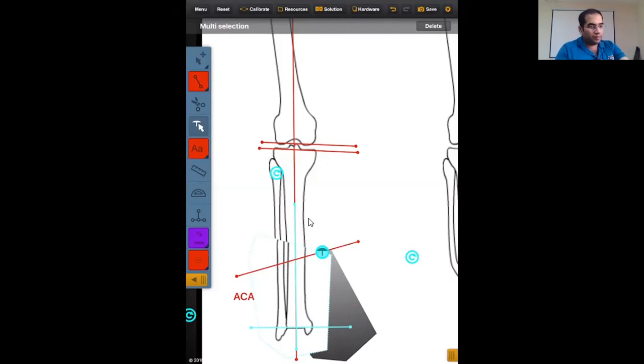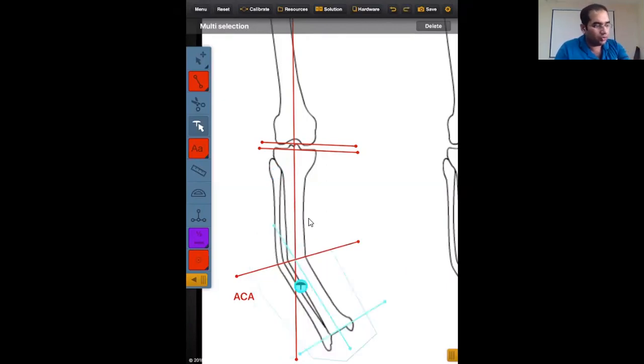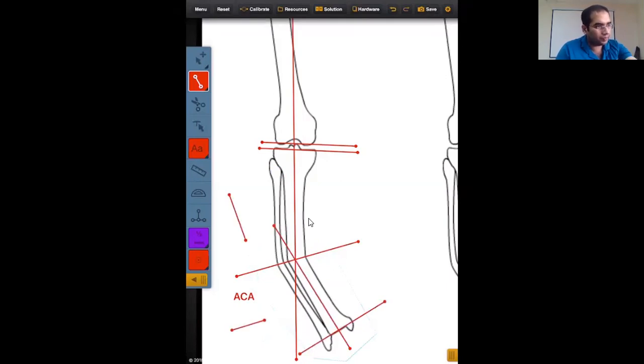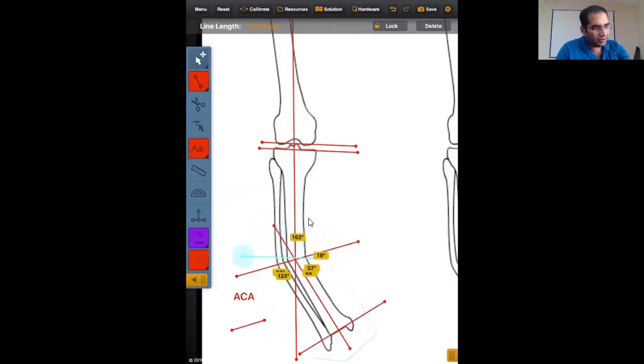So with this technique, you can plan how much bone you want to remove. Let me show you. You plan that you're going to place your hinge here, and from here you can draw a 15 degrees line and place your hinge over here.